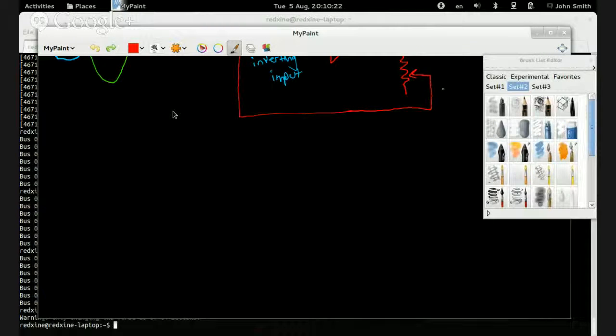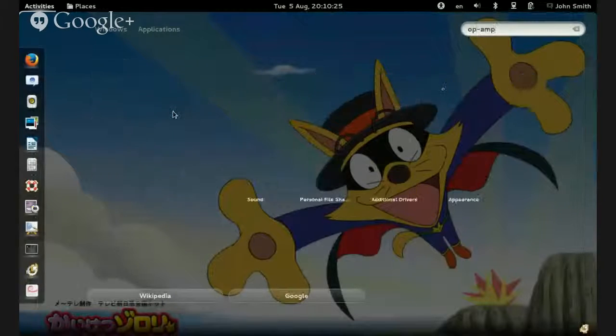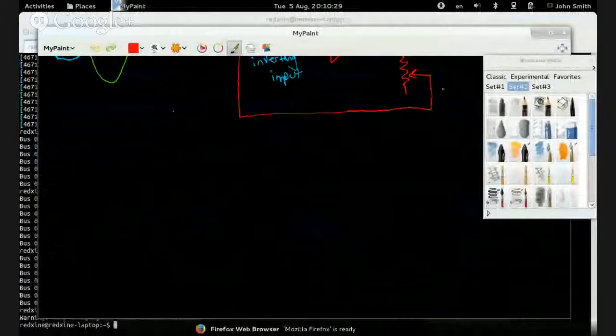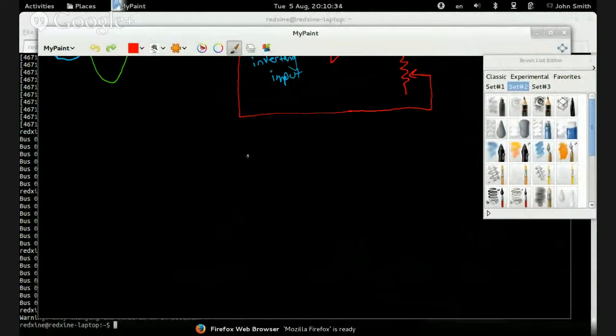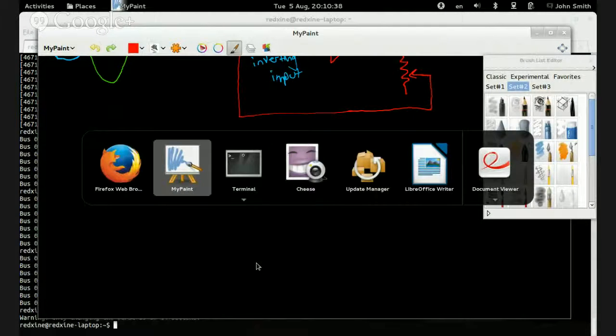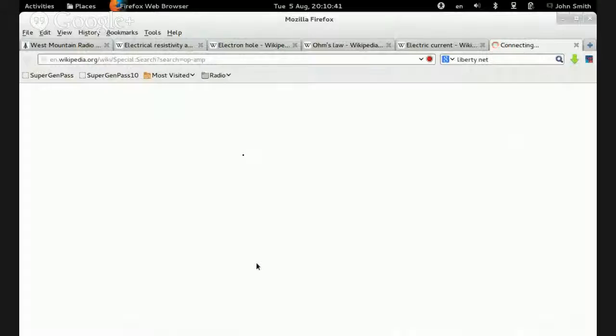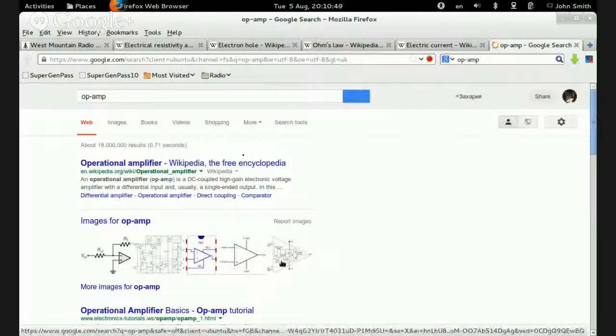How am I going to do that? Wikipedia. Go! Engage. Oh, come on, browser. Here we go. This is what I wanted.